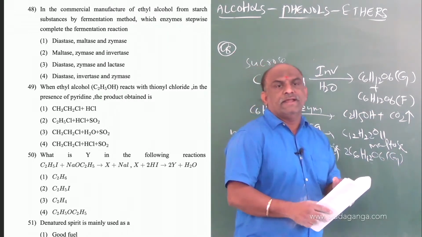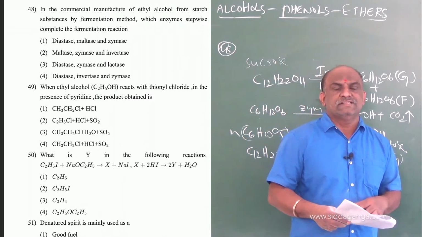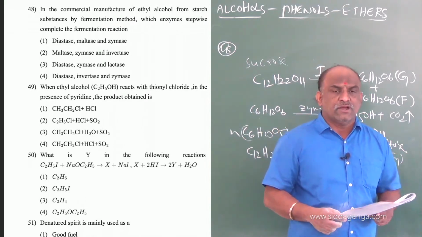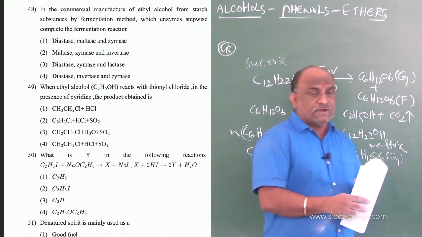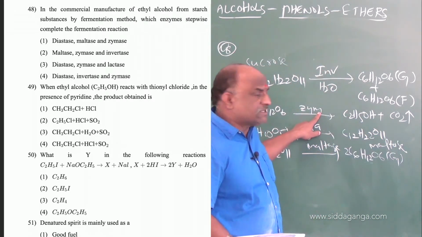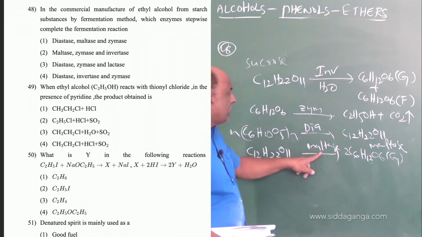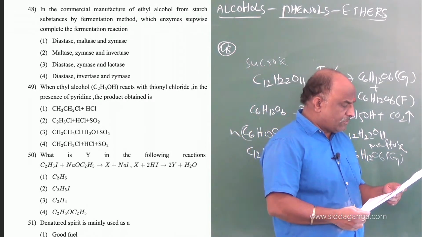So diastase, maltase, zymase are the correct sequence of enzymes to manufacture ethyl alcohol from starch, and from sucrose the enzymes are invertase and zymase. So question number 48, option number 1.